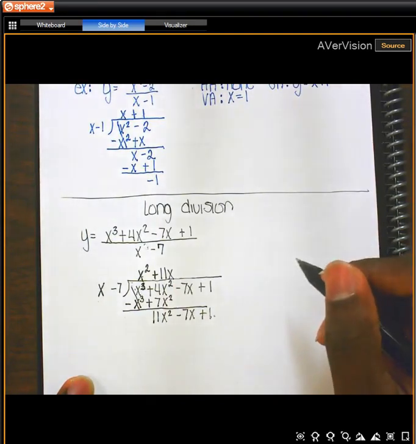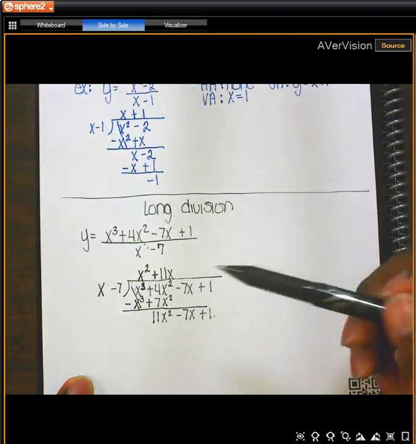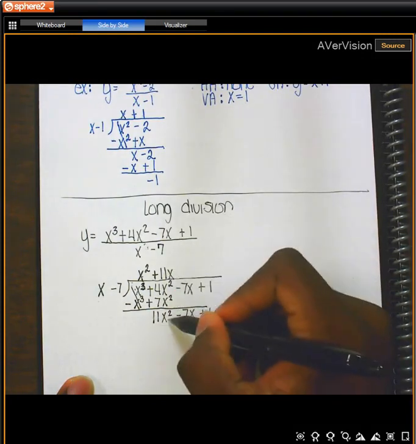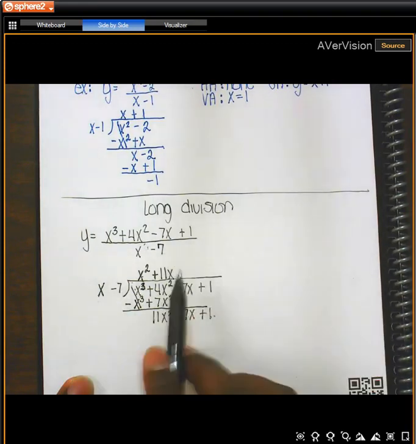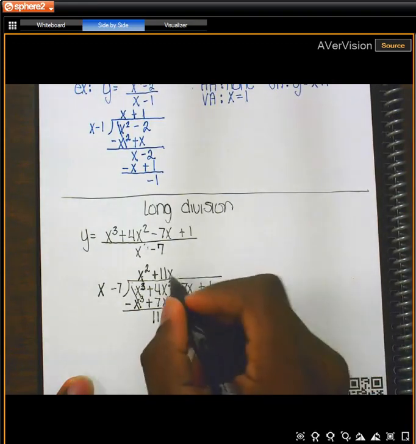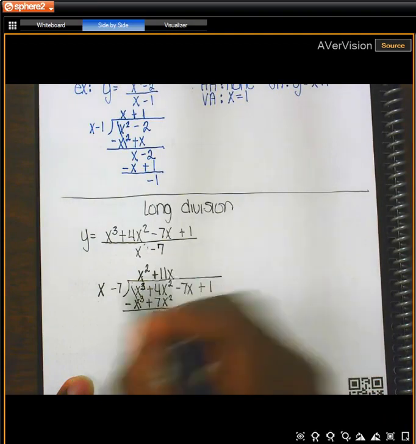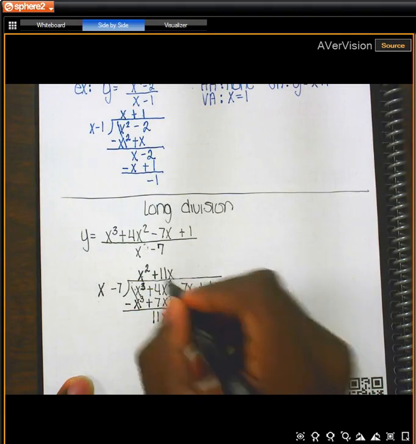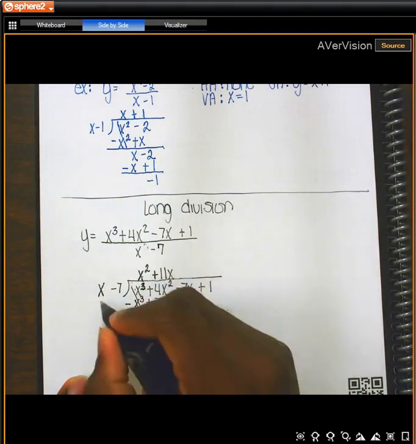Are we still following? Okay. So to get 11x squared, we have to multiply x by 11x. So now we take this and multiply to both of these and write the opposite signs down here. So what's 11x times x?